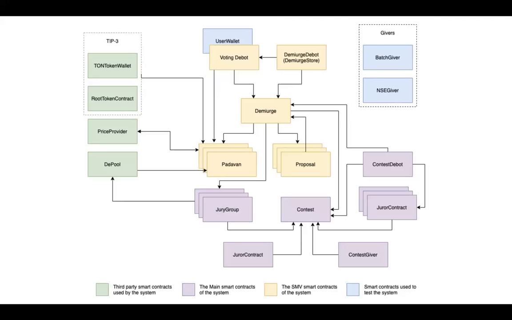Okay, we have three types of proposals: simple proposal, group proposal, and contest proposal. In this picture, we don't have the groups, just because we haven't implemented them in the main scenario.